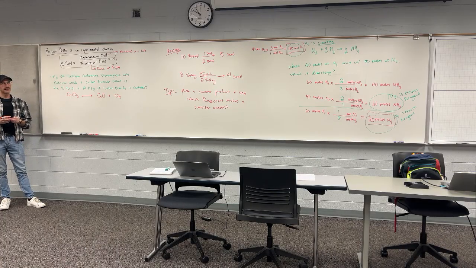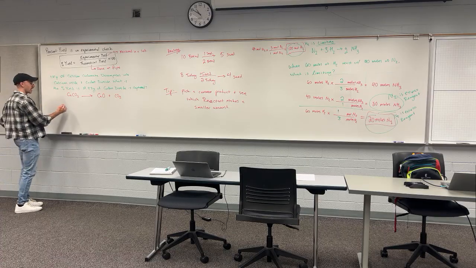Okay, I didn't realize this actually doesn't have a limiting or excess reagent. Why not? No, there's only 1 reagent. There's only 1 reactant, so there can't be a reactant that limits the yield or excesses the yield. There's just 1 thing.